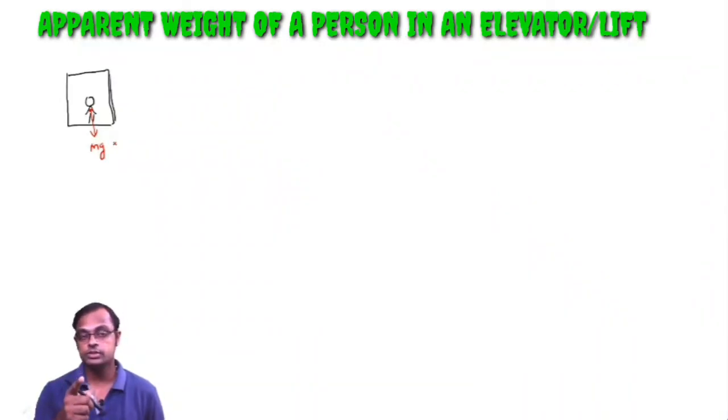But here we discuss him standing on a weighing machine, so we can say that on the weighing machine mg will be acting. What will happen according to Newton's third law? There will be a reaction force acting in the upward direction.